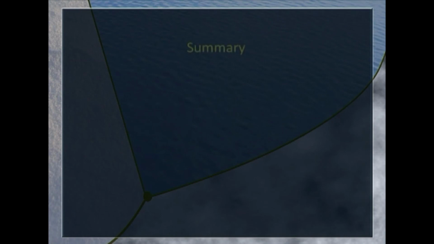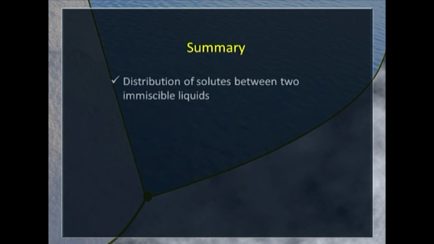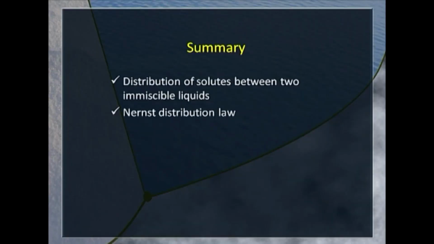Let me summarize what we have seen today. We started with how a solute behaves when distributed between two immiscible liquids. The initial experiments were carried out by Berthelot, and then Nernst's experiment showed that the validity of the law depends on the behavior of the solute in the two liquids.